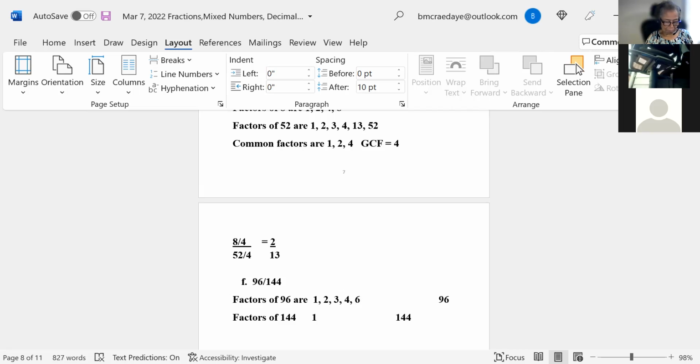5, let's see. 6. 16 times 6 is 96. What comes after 6? 1, 2, 3, 6.